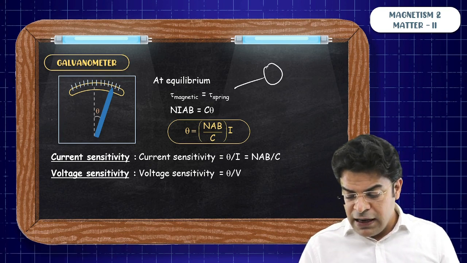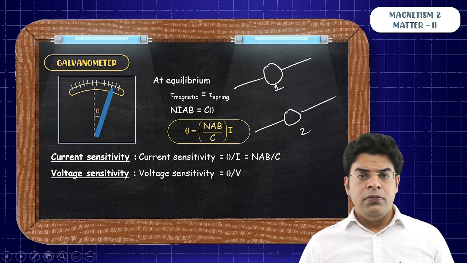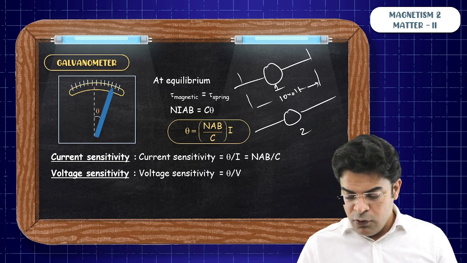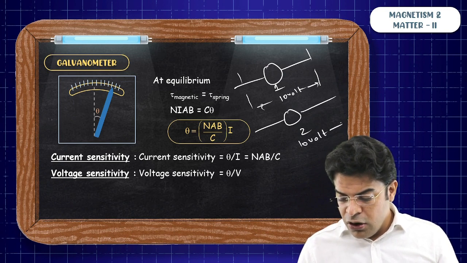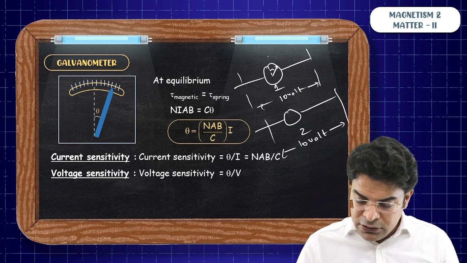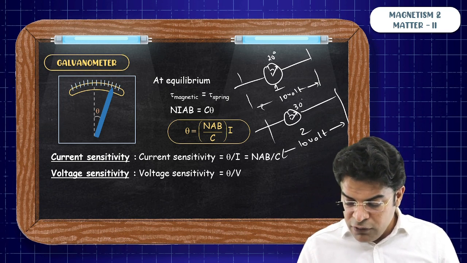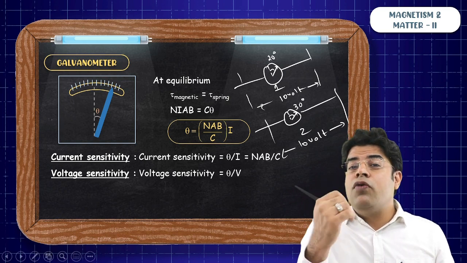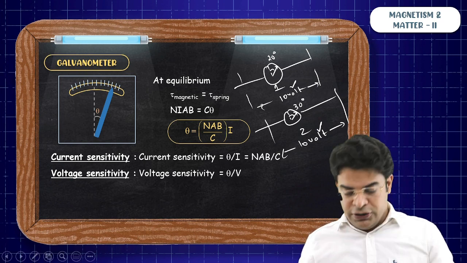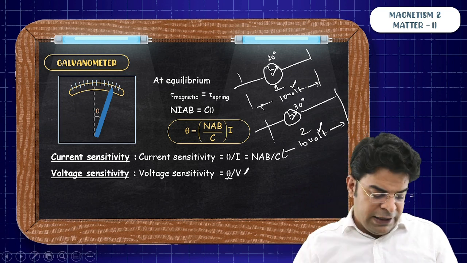So if you have a galvanometer 1 and another galvanometer 2, you apply the same potential drop across them, let's say 10 volt, and if the deviation in the first galvanometer is 20 degree and in the second galvanometer is 30 degree, you will say that the second galvanometer is more voltage sensitive, because on applying the same potential drop, it shows more deflection. So the greater the theta for a given potential drop, the more voltage sensitive the device is.